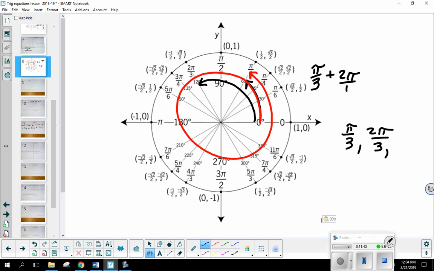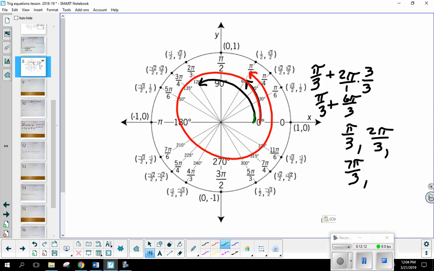Okay. Well, what's a common denominator? It would be 3, right? So this is going to be pi over 3 plus 6 pi over 3. So 7 pi over 3 is also an answer because it's within 2 full revolutions. Now, how do you think I'm going to find that other answer using 2 pi over 3? Yeah.